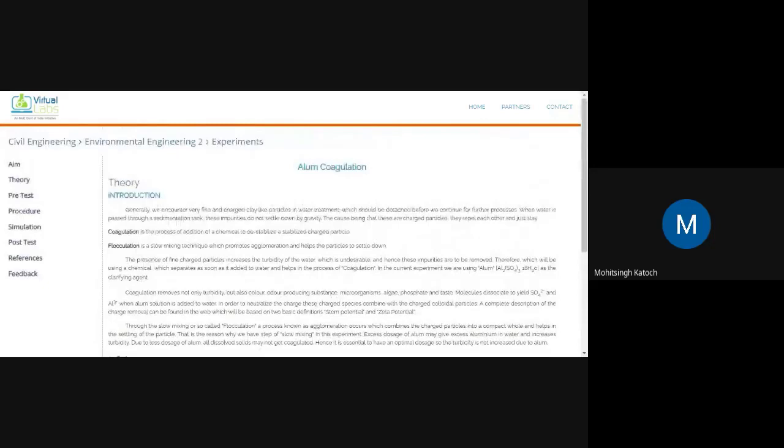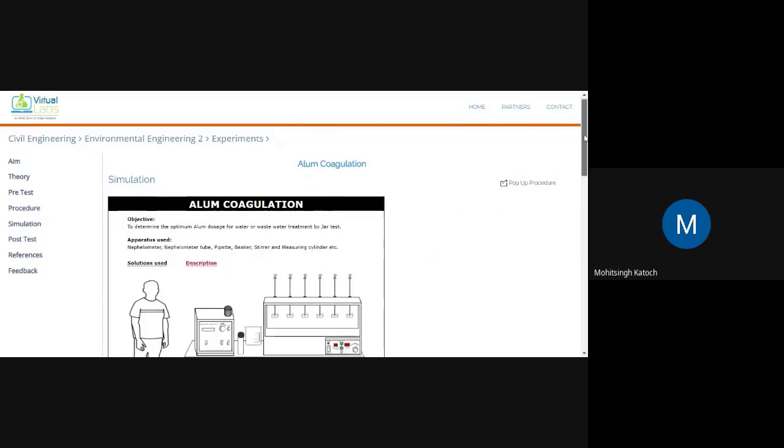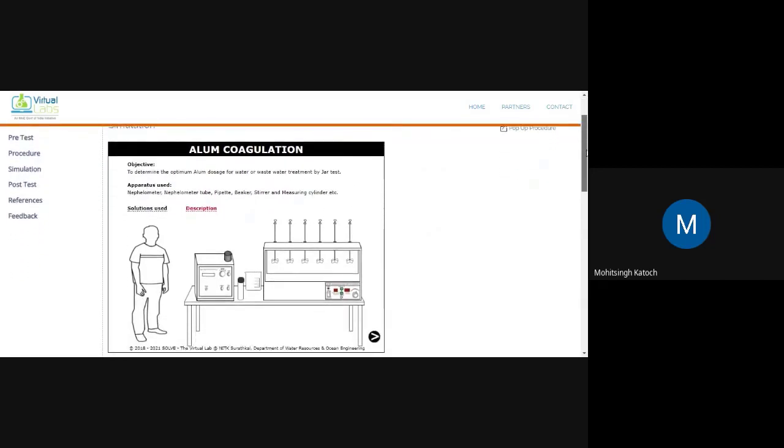So now we will move on to the simulation part, where we will see the procedure in a step-by-step manner and we will perform the experiment. So now we will perform this experiment in the simulator and see the step-by-step procedure, how it is performed. Coming on to the simulator, here the objective is given: calculation of optimum dose of coagulant for water and wastewater treatment by jar test.